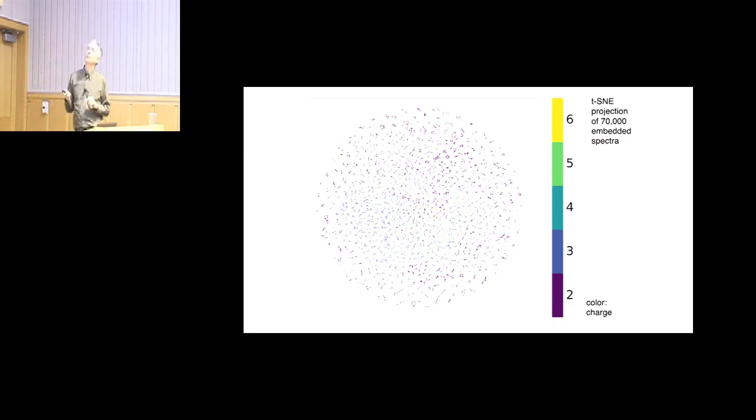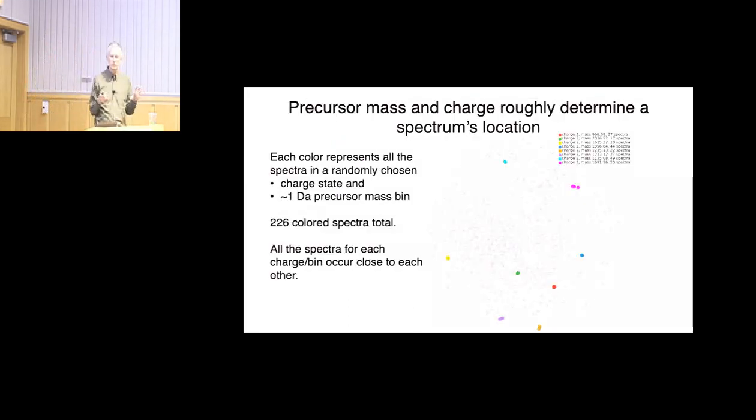So what we did was we randomly chose some of these globs. Each of these things is a little glob here. We randomly chose some of those globs and then looked to see what was in there. Or actually, no, sorry, we did this the other way around. We chose all of the spectra in a randomly chosen charge state and about a 1 Dalton precursor mass bin.